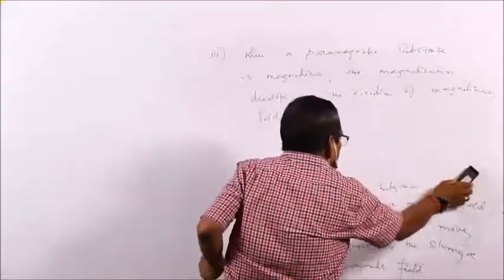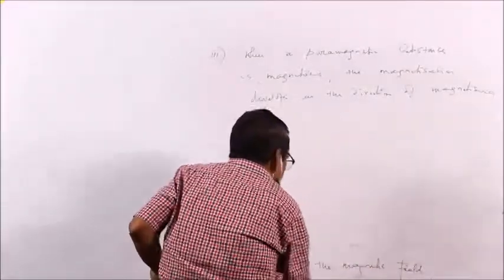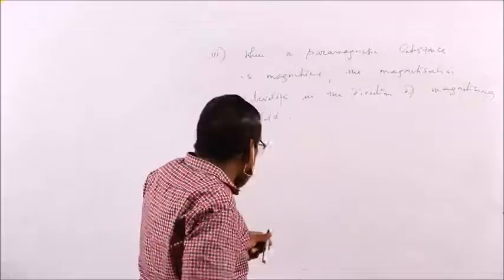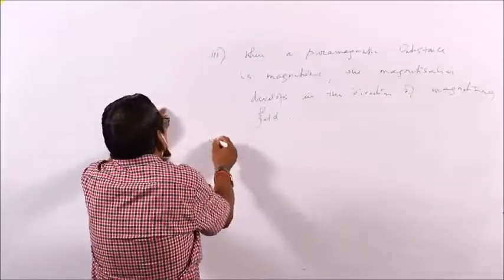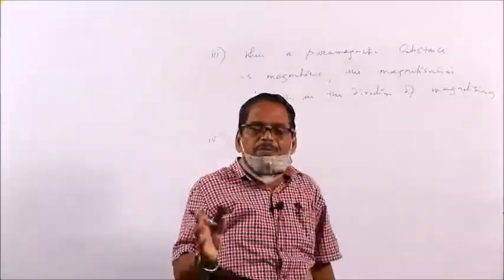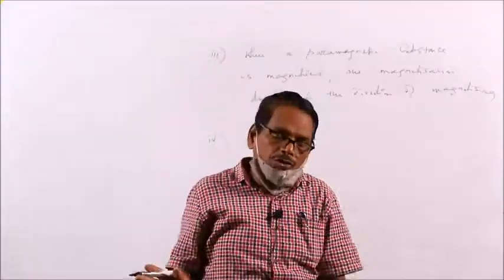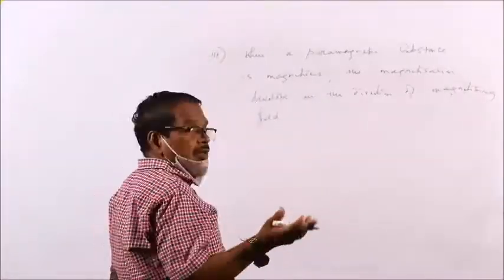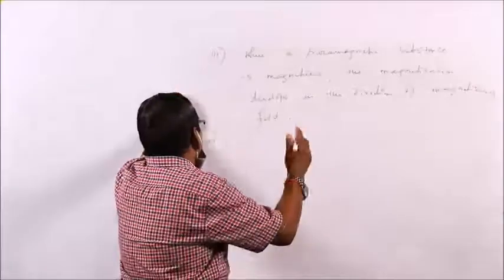Next property, fourth property, about permeability. Permeability of a paramagnetic substance is greater than 1. Greater than 1 is obviously positive. Mu is more than 1, it is positive.